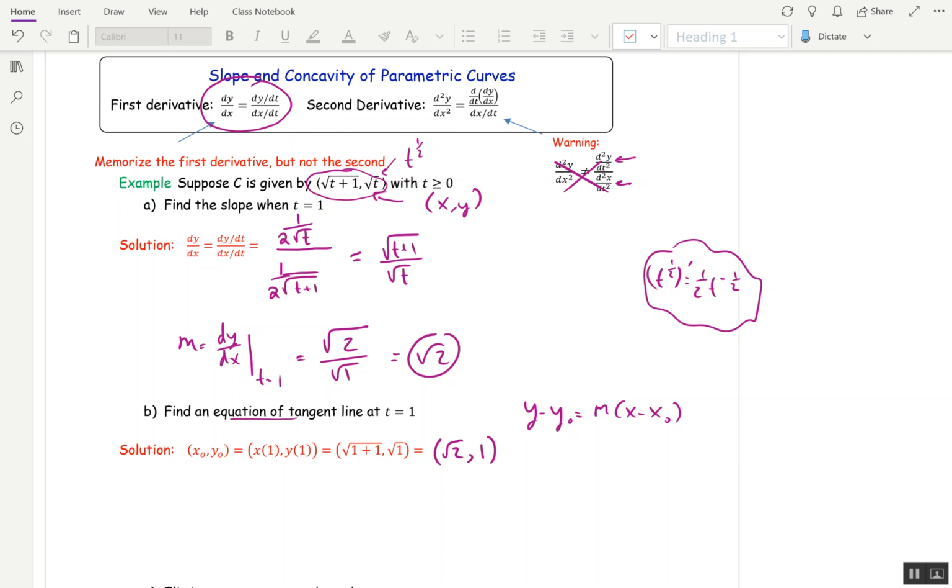So now I've got the ingredients for the point-slope. y minus 1 is root 2, that's m, times x minus root 2. Let's clean that up and put it in slope-intercept form. y is root 2 x. Let's see, that'll give me minus 2, and then I'll add 1, so I'll get minus 1.